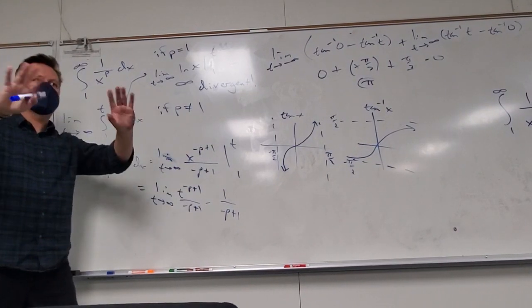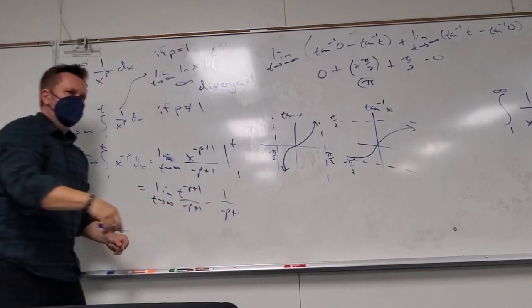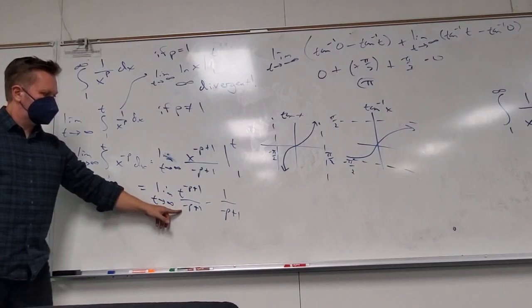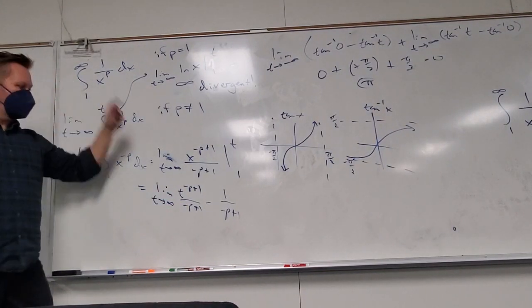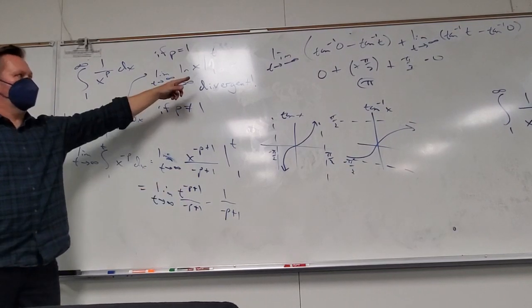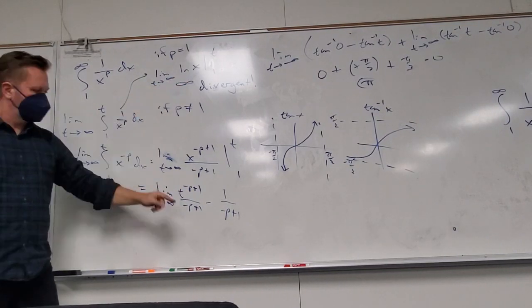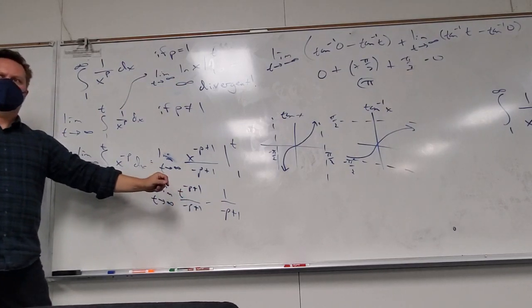I don't care about it. I'm curious, when does this piece not blow up? We already know when p is 1, this thing goes to infinity. In fact, if p is 1, doesn't the bottom become 0?